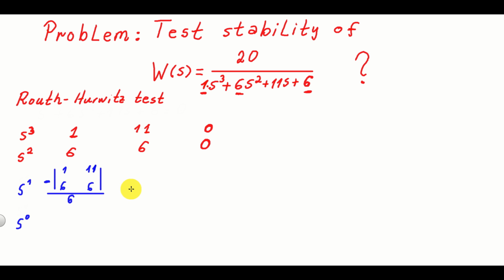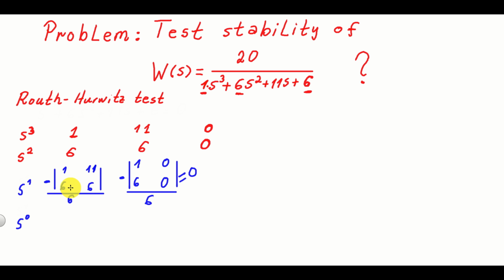Similarly, the next entry is again the ratio of this entry over here, and again we have a determinant of a matrix formed by using this column and this column. Consequently, we write 1, 6, 0, 0, and we need the minus sign. Obviously, this entry is equal to 0.